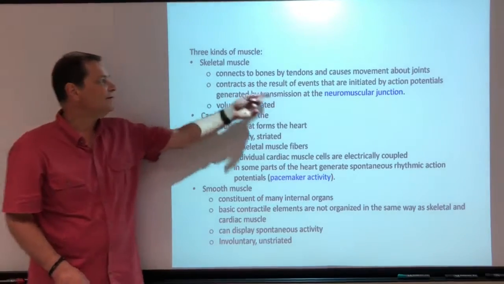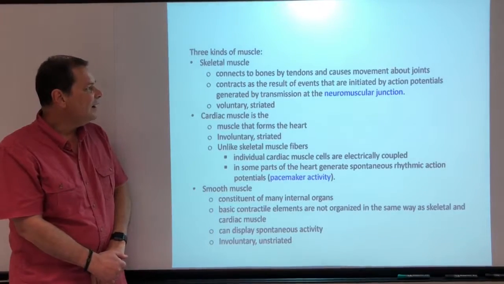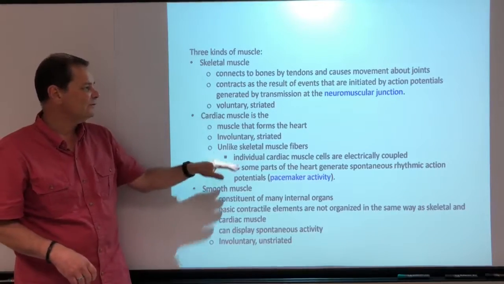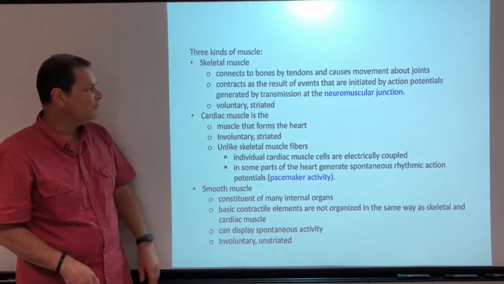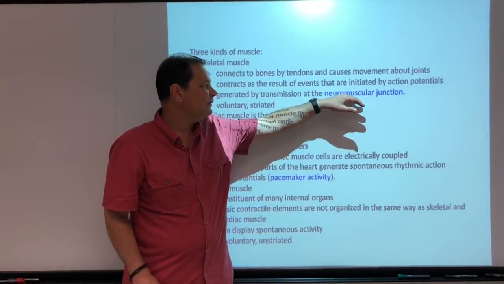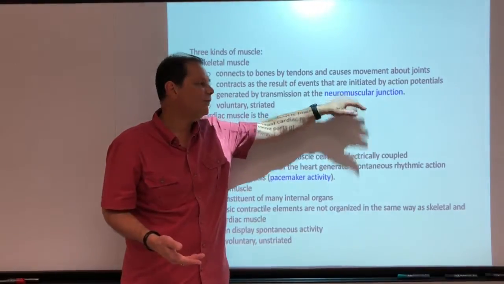Skeletal muscle connects bones via tendons and causes movement in joints. It's important for you to recognize that it is different from cardiac muscle and smooth muscle in that it contracts as a result of the transmission of a signal through the neuromuscular junction.